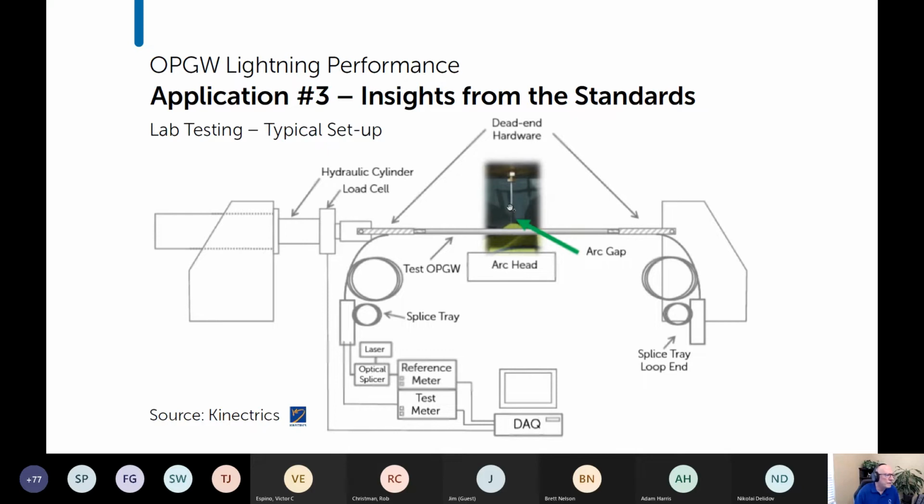Usually there's a fuse wire to get it started. That burns away, and then that leaves you with an arc. That's the simulation of a lightning strike. Then you have your equipment to monitor the optics during this. Just a very typical setup here.